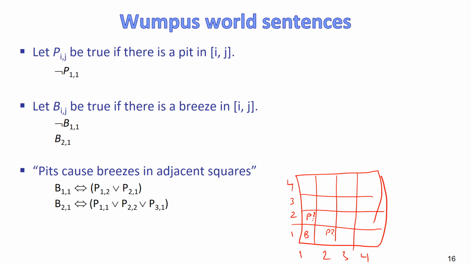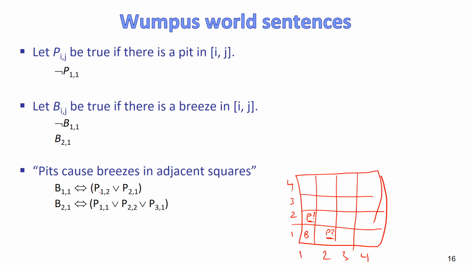We cannot say that for sure we have a pit here, but we know for sure that there is a pit here or there, right? So if B11, then P12, which is this room, or P21, which is this one.